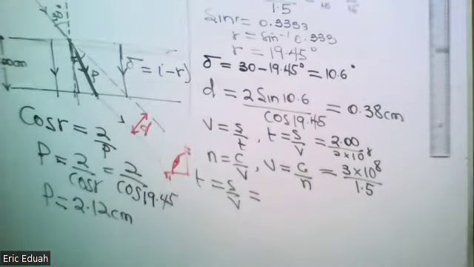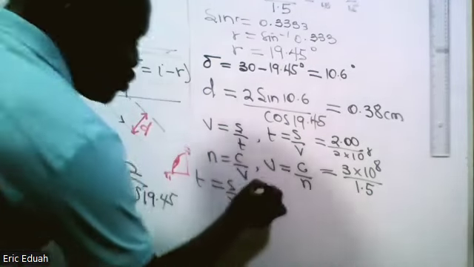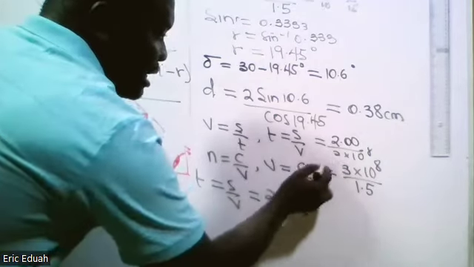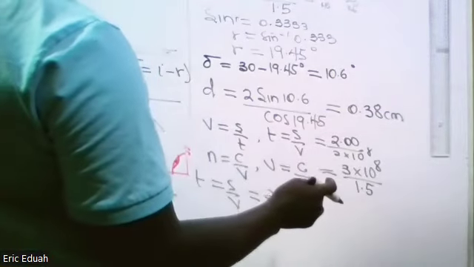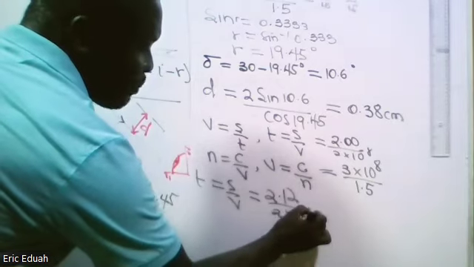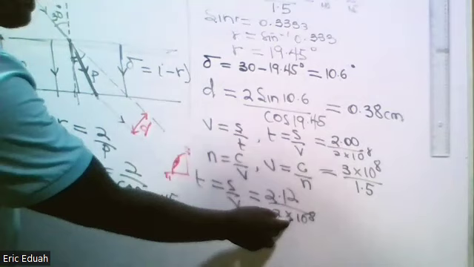now we can also directly divide 2.12 by the velocity of light in the material. We had 2 times 10 to the power 8. We can divide this 2.12 by this.